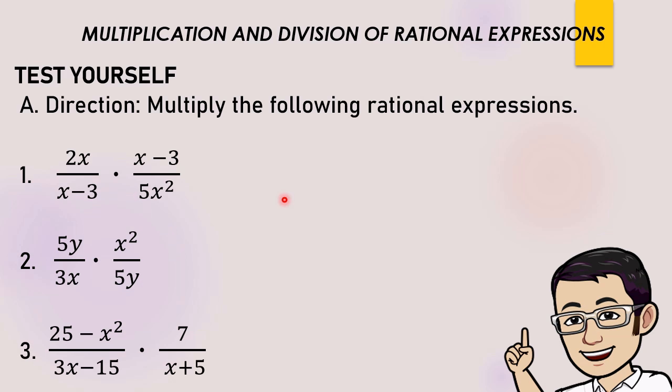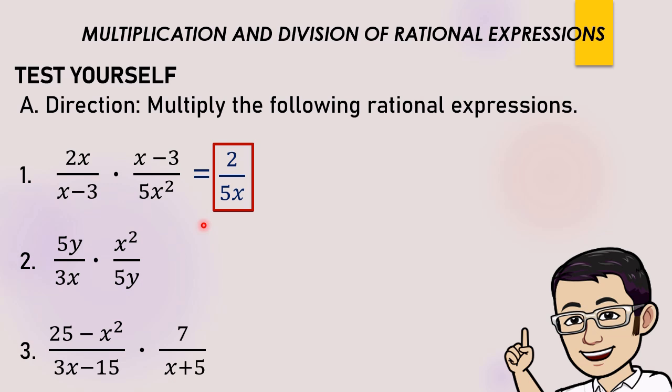Okay, it's time to reveal the answers. So let's see if you got all the correct answers. In number 1, what is the product of 2x over x minus 3 times x minus 3 over 5x squared? The product is 2 over 5x.